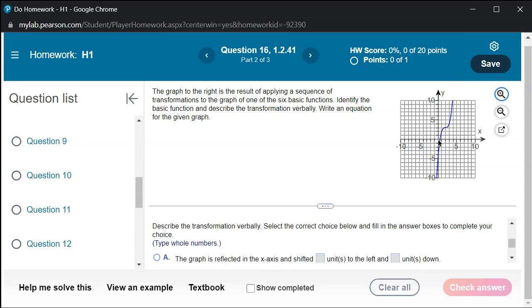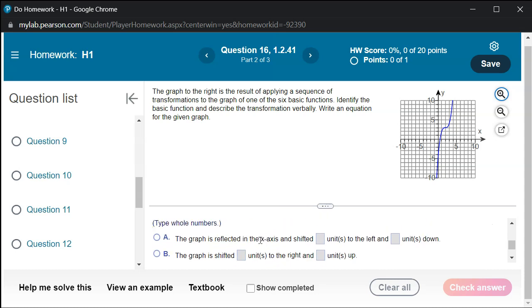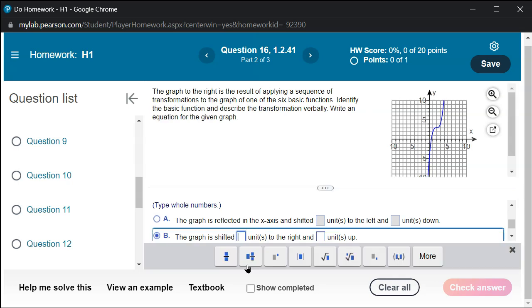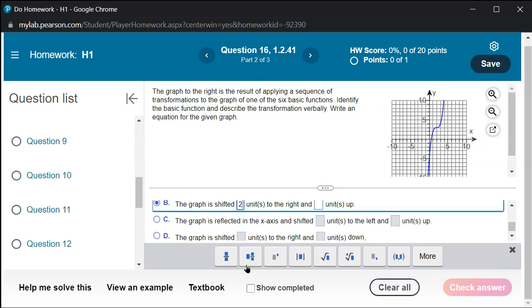But you can see that this is moved to the right 2 units, and then moved up 3 units. So there's no reflection. The graph is shifted 2 units to the right, and then 3 units up.